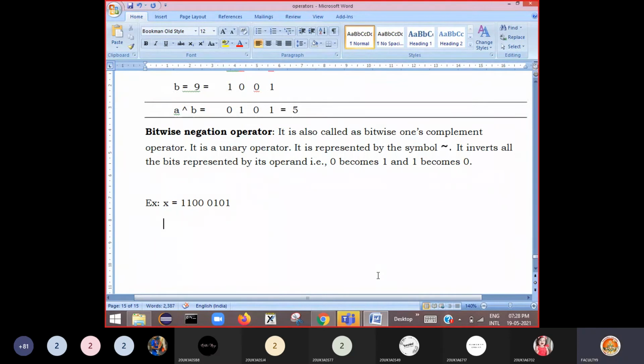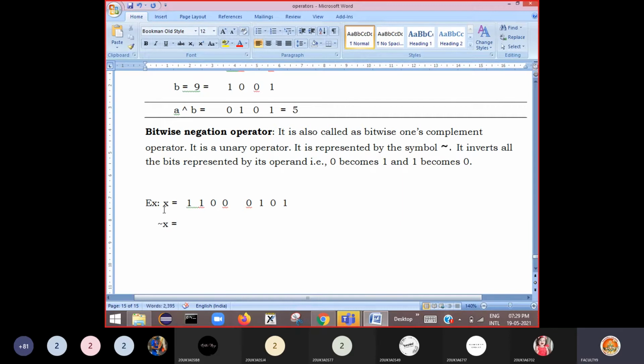Now if I perform one's complement of x, what result will I get? Just see here. I'll write these bits with spaces so that I can show you clearly, as groups of 4 bits.